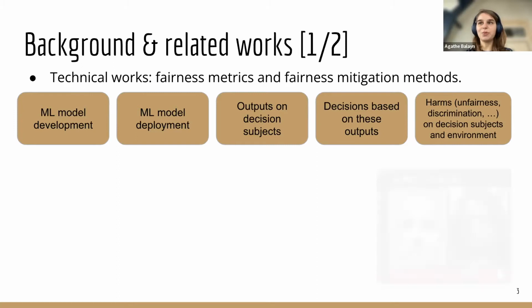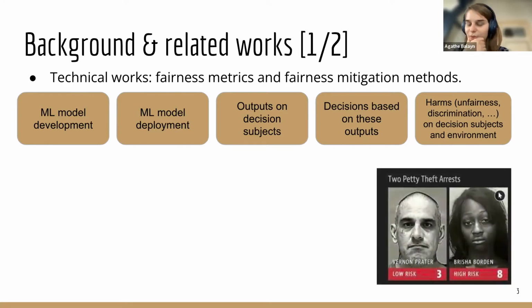And so you might have heard of several examples already around that. For instance, here is the one corresponding to the COMPAS system, which is used to predict the likeliness of someone to recidivate once they've already committed a crime once.